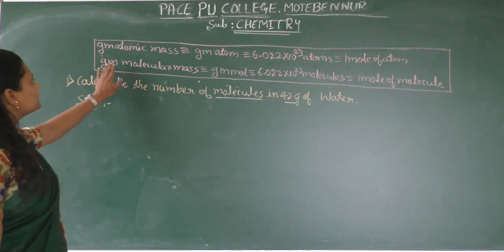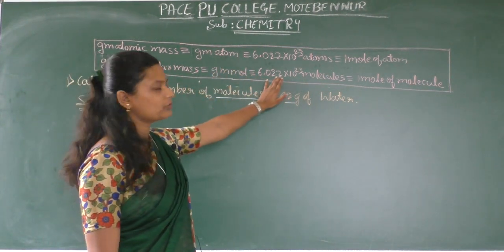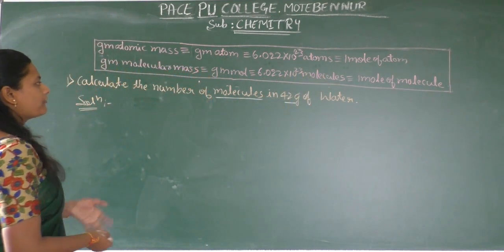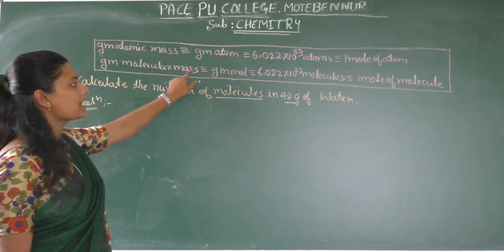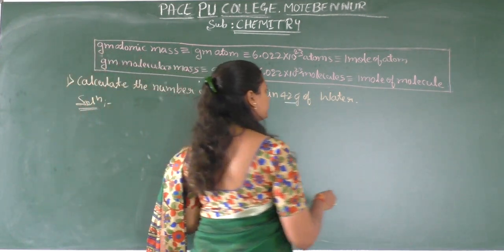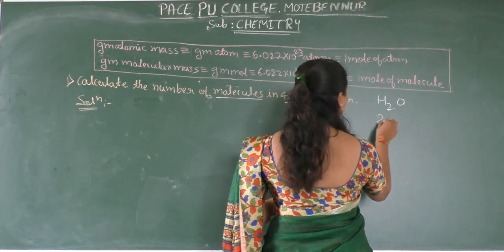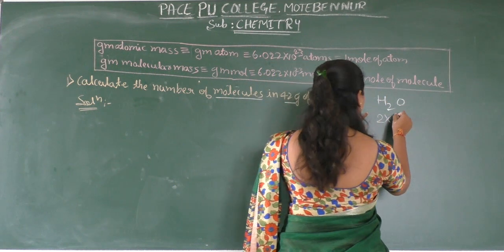Okay, so here the gram molecular mass contains 6.022 into 10 raised to 23 molecules. So first for that we have to calculate the molecular mass of water. What is the molecular mass of water? The formula is H2O. So here 2 atoms of hydrogen are present in water.